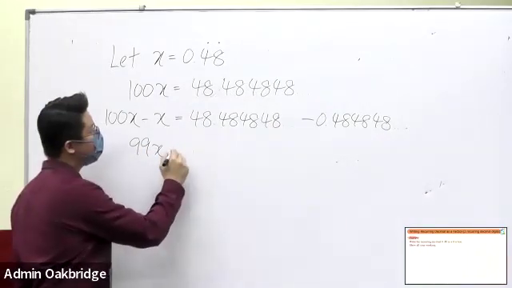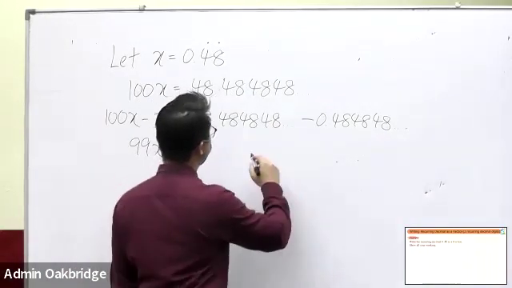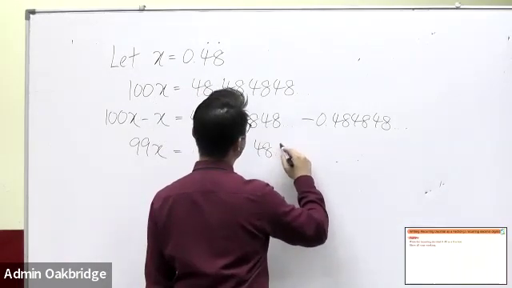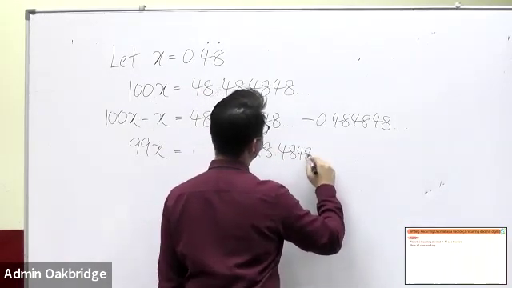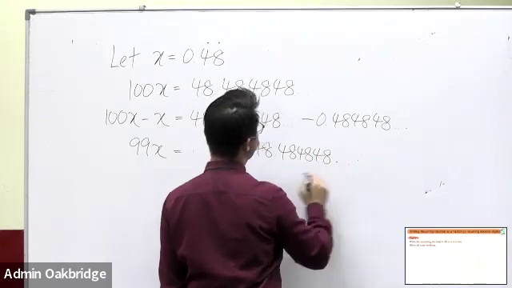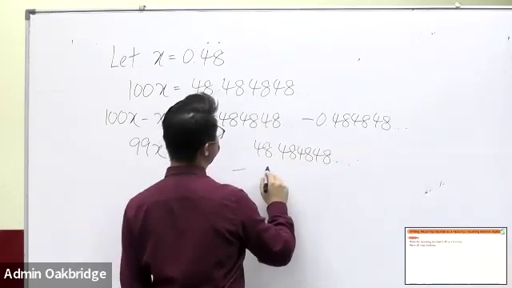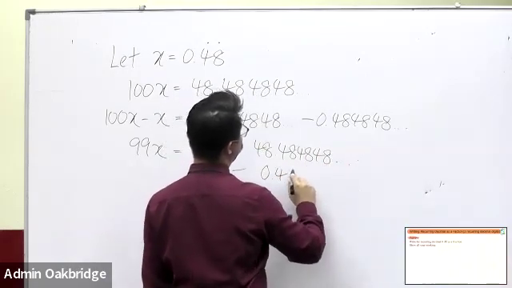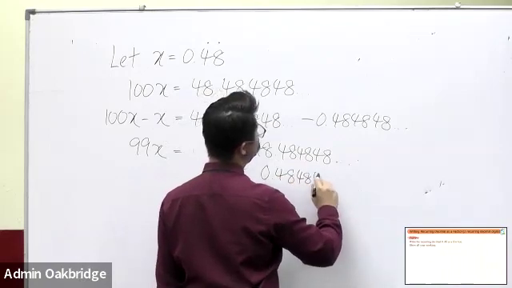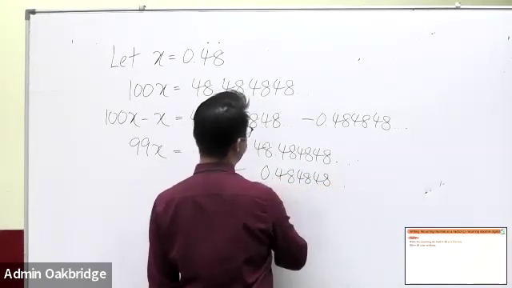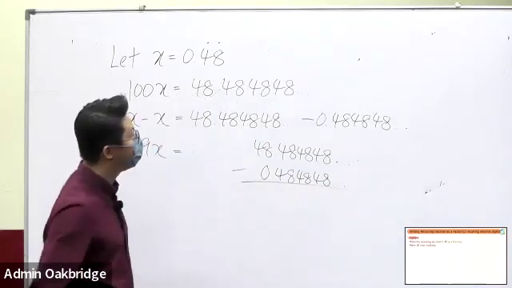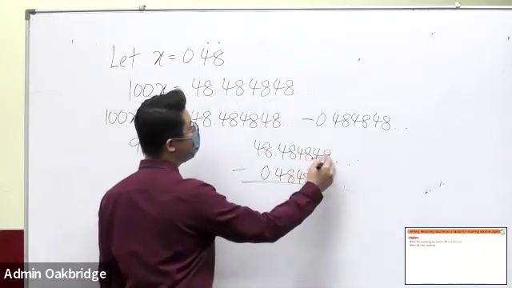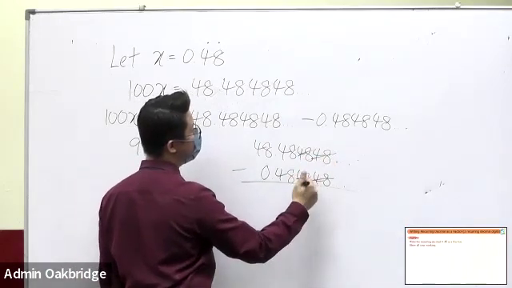All right, for the right-hand side, 48.48, 48, 48, minus 0.48, 48, 48. So what do you see here? Again, all the 48s cancel with your minus.